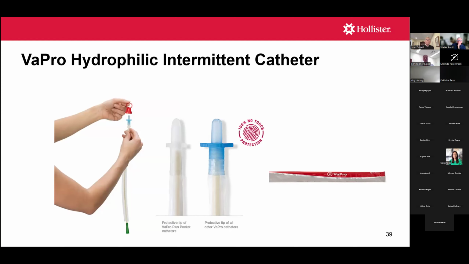However, regardless of how clean your hands are, you're still going to have bacteria. So if you're touching the catheter tubing directly, that is going to go inside your body into your urethra. You have a greater risk of having a urinary tract infection, and in some cases, these actually can result in death. But with our patented no-touch sleeve, the patient touches the sleeve, and then the catheter tubing is run through that sleeve material. So the tubing that goes inside the urethra is never touched by the human hand.